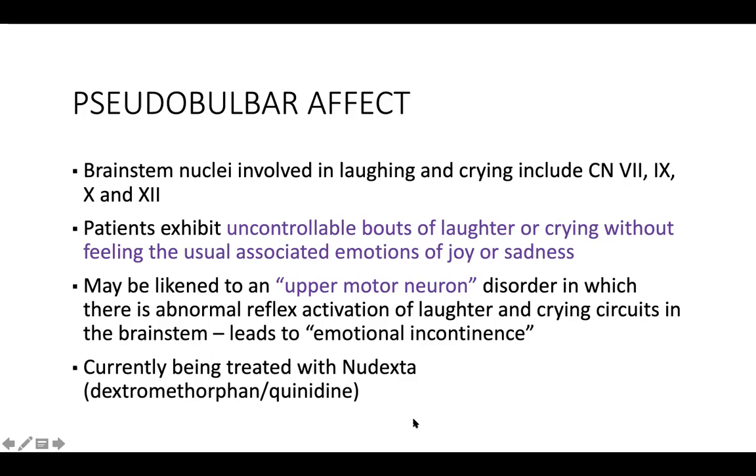The commercial was for Nuedexta, which is used to treat it. It contains dextromethorphan, which is like a decongestant, or for congestion. I don't really know if the limbic system is involved, though it would make sense if it was. I think they probably don't know everything about this, so they're kind of guessing.